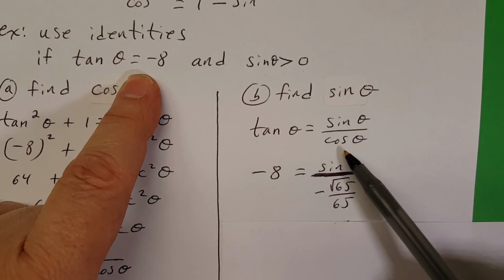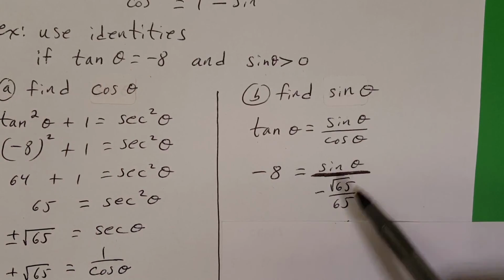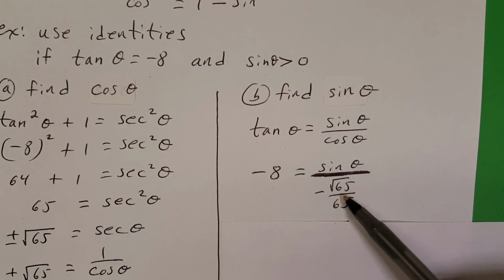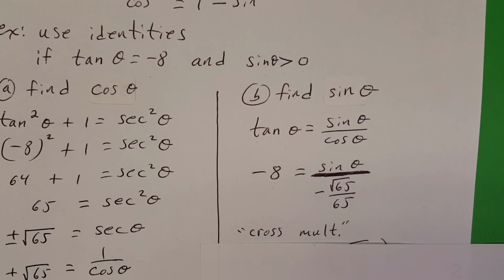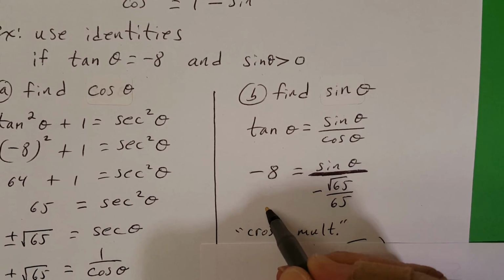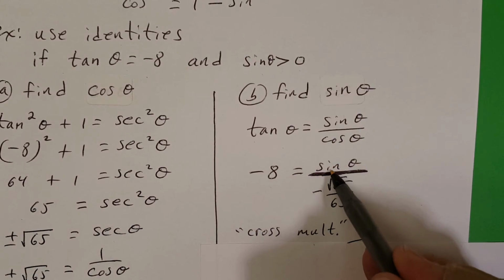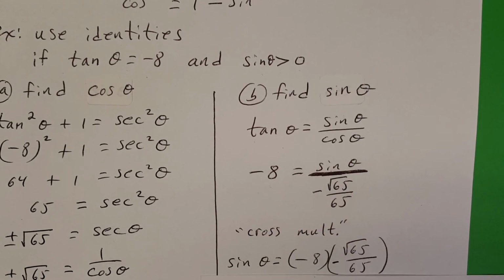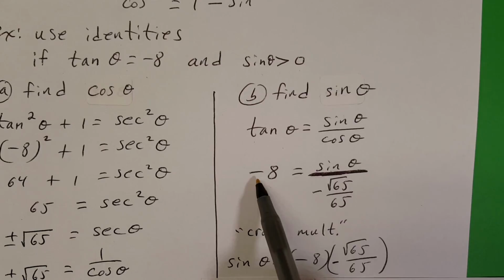And let's replace cosine theta with our answer, negative square root 65 over 65. Right? Cross multiply, right? Imagine a 1 here. Imagine a 1 here. So sine theta times 1 is sine theta. And the -8 times this is -8 times this.